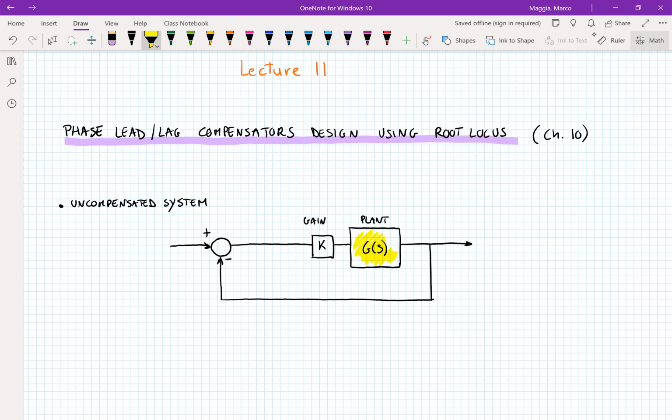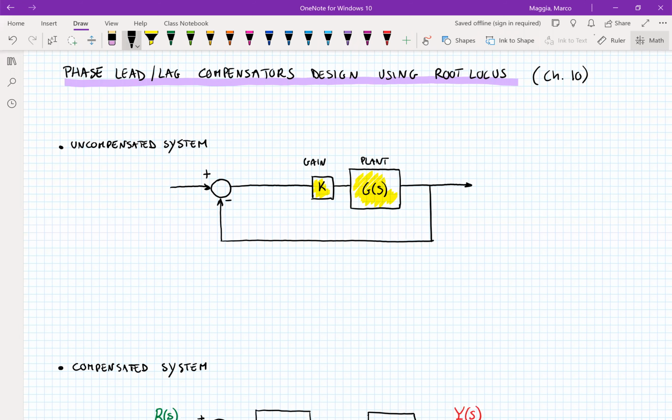However, if you've done everything in your power to modify the plant, and there's no way you can reach the requirements even by changing the constant gain K, then at that point, you have to compensate the deficiencies of your plant by adding a compensator, hence the word compensator. But for what we've seen so far, the compensator really, as I said, plays the same role as a controller.